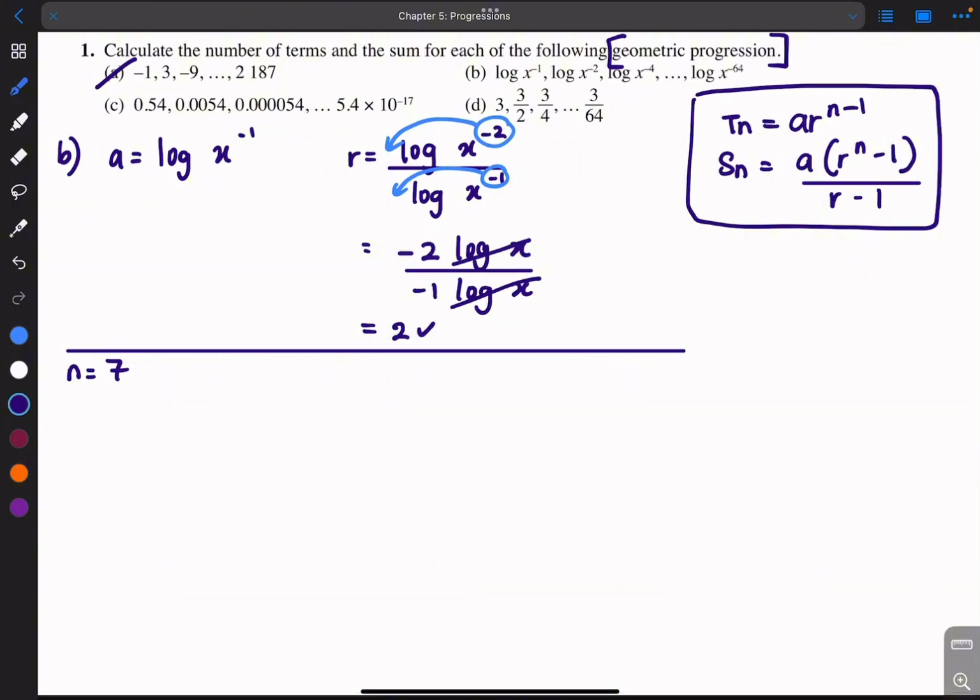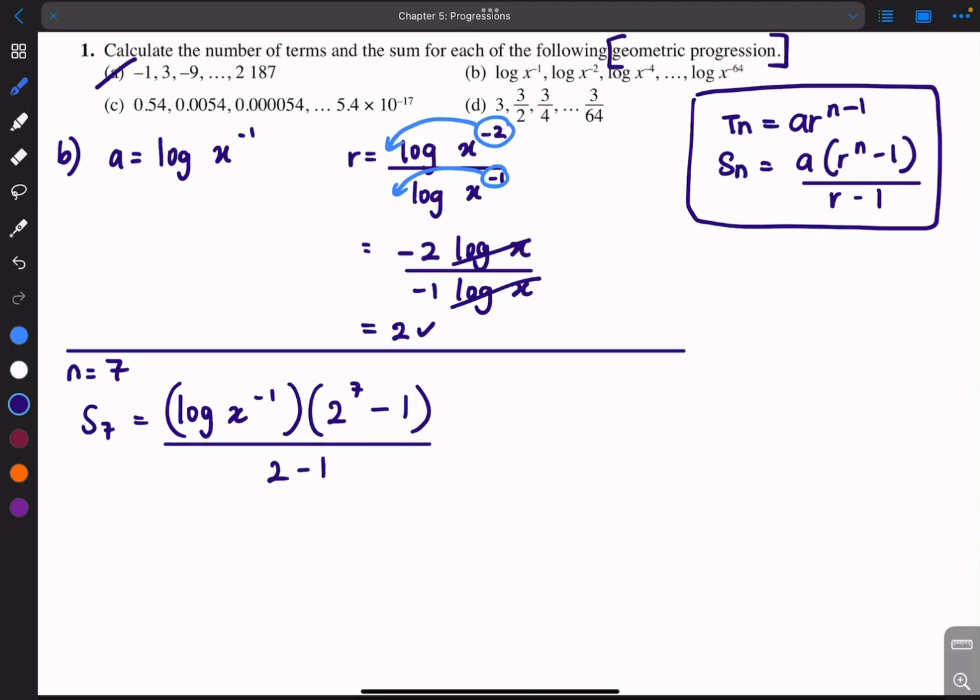Okay, let's try to find S7. So we know Sn follows this formula. So S7 means we just sub this with 7. So a is log x negative 1, r^n minus 1 over r minus 1. So this negative 1 we can bring forward.